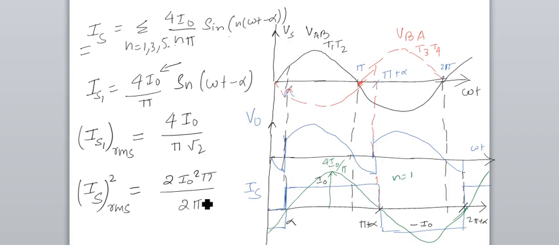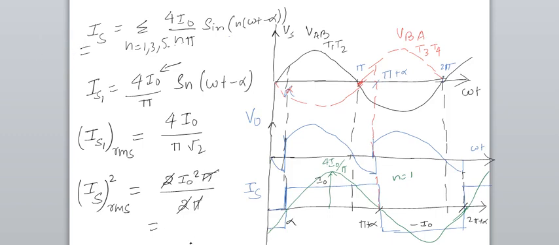So here it will get cancelled. You will get I naught RMS squared, and if you take the square root, you will get I naught.